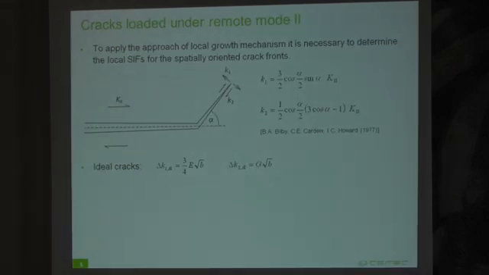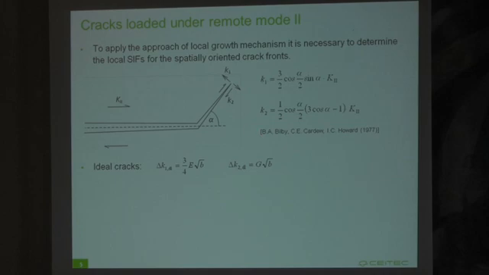Here, for a remote Mode 2 loaded crack, we investigated the case when the crack front is deflected by the angle alpha, and we determined the local stress intensity factors in Mode 1 and 2 by the widely used equations.